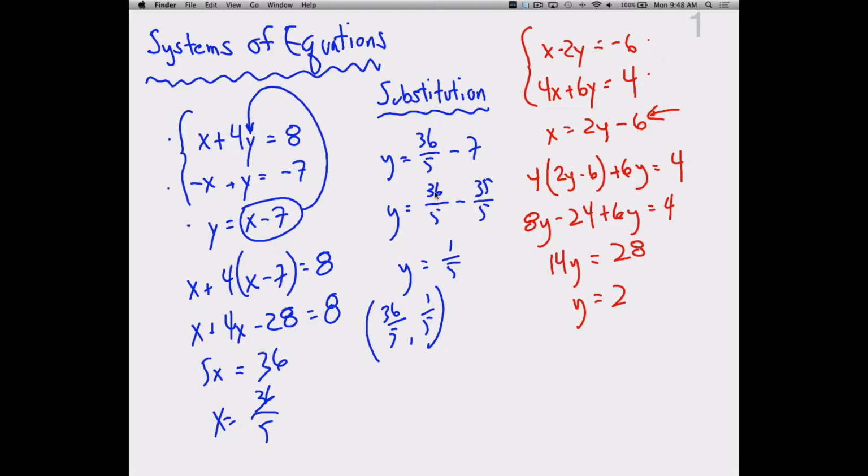And that is x equals 2 times 2 minus 6, which is x equals 4 minus 6, which is negative 2. Well done. Okay. That's substitution.